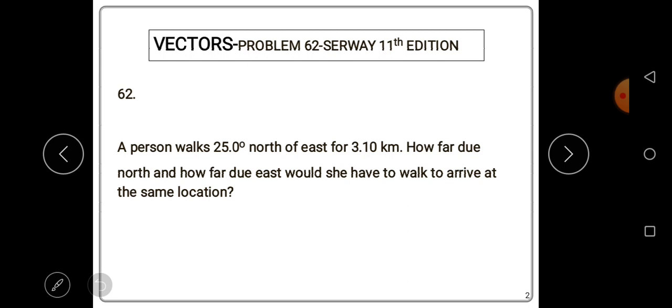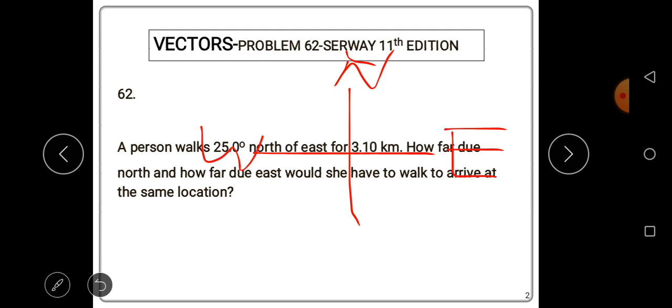When we talk of a person walking 25 degrees north of east, we know that from the compass, if this is north, then this is east, this is west, and this is south.